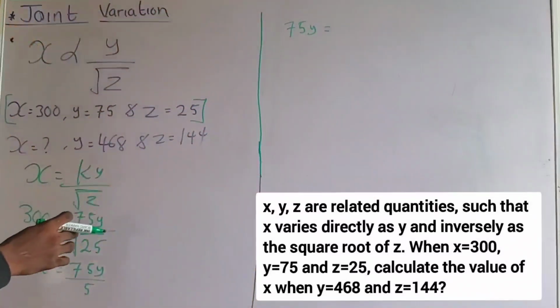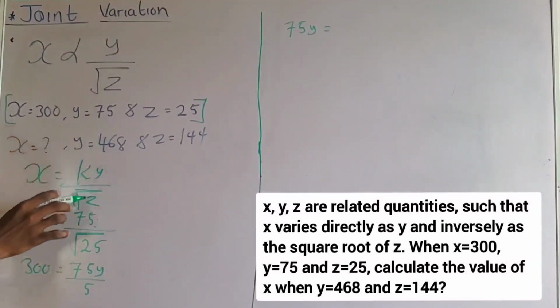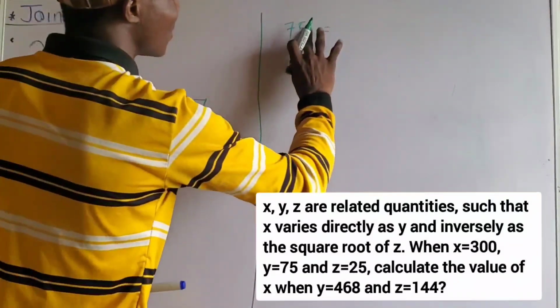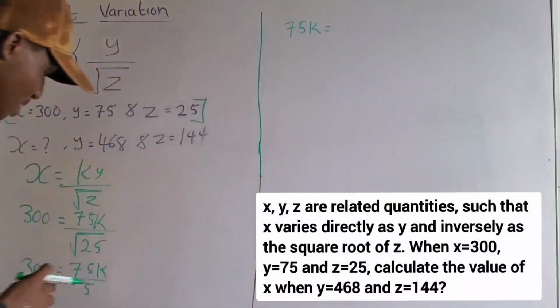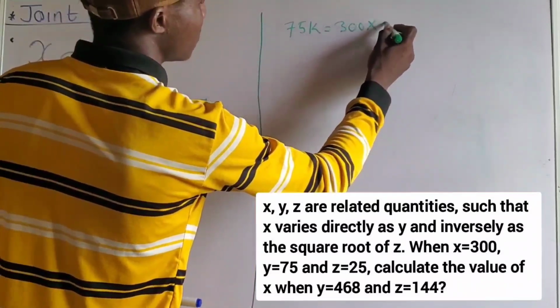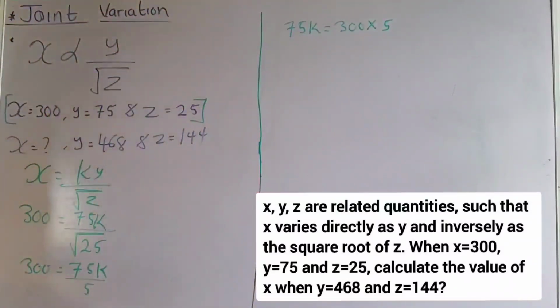Oh, sorry, this should be k. Please listen very carefully. Y has been given as 75, so this should be k, and this should be k as well. So I'm going to have 75k equals to 300 times 5. Please listen to me very carefully. I replace the value of x, y, and z as 300, 75, and 25 in this equation.